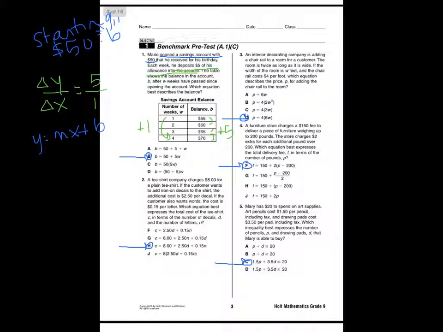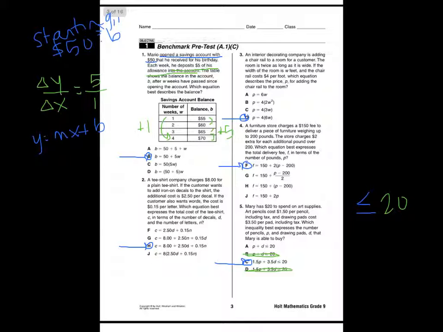So the first thing you want to think about is, if you only have $20, can you spend more than $20? And the answer is no. If you only have 20, then that's all you can spend. So we know that what we spend has to be less than or equal to 20. Once you do that, that allows you to go ahead and mark off D because it's a greater than symbol, and B because that's a greater than symbol.